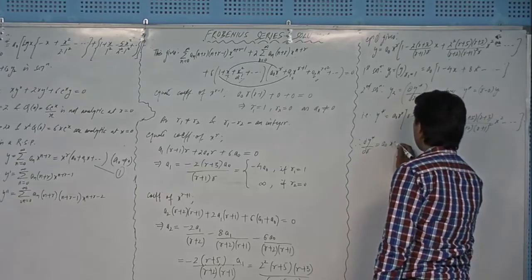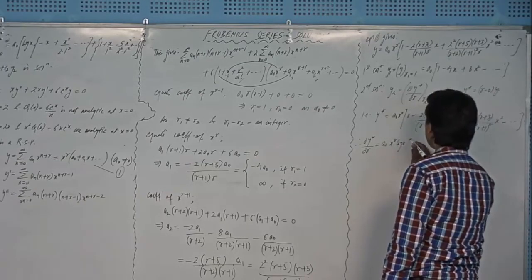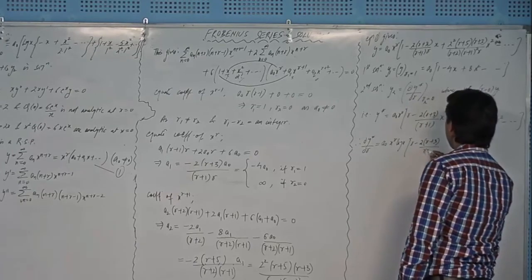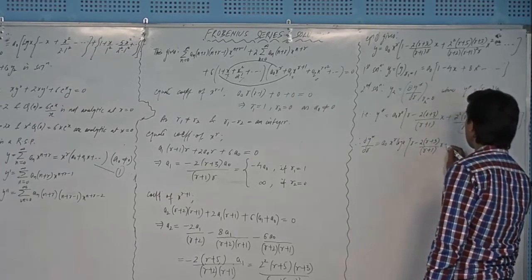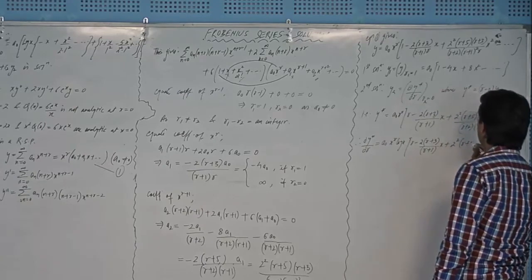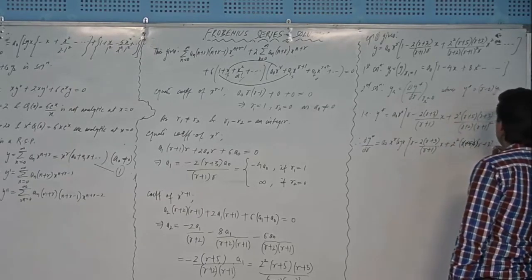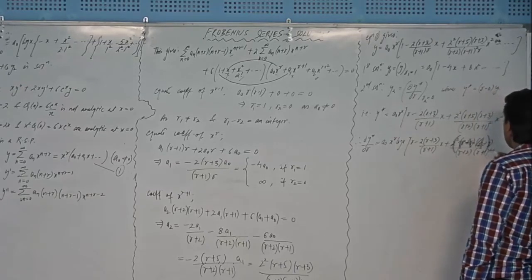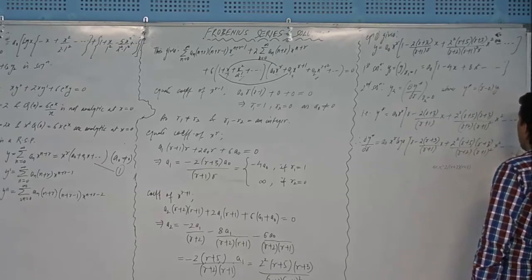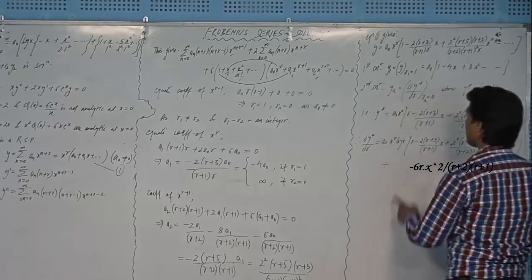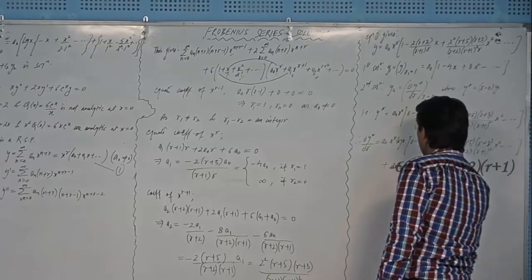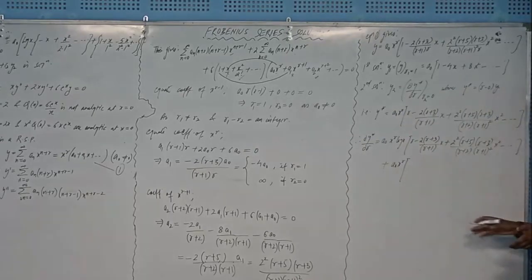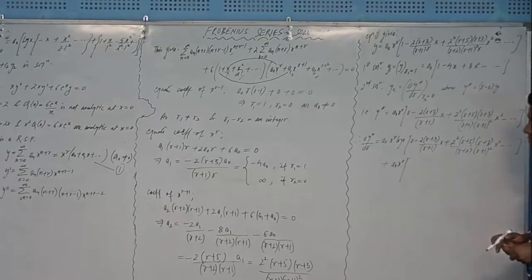So that will produce the differential of first function, which will be x to the power r log x, and the series will be as it is, plus 2 square (r plus 5)(r plus 3) over (r plus 2)(r plus 1) whole square x square, minus so on, right? And again the first term will be as it is, and the differentiation of the series, and again we have to rely on that formula using that log, right?